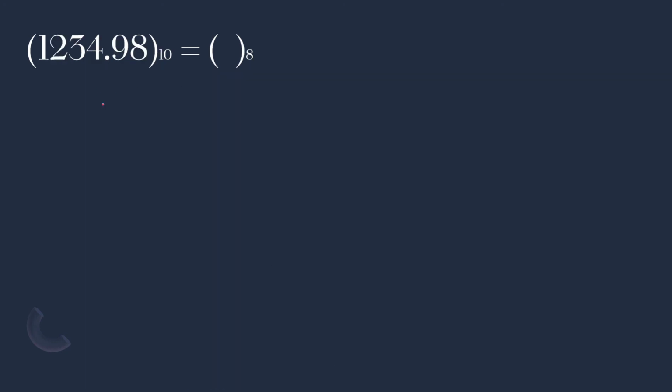So this one's a little bit more challenging. Remember, we do the same thing though. It's the same simple process. We split into an integer part and a fraction part. So we divide this by 8 and try to figure out the quotient. So 1234 divided by 8 is 154.25.